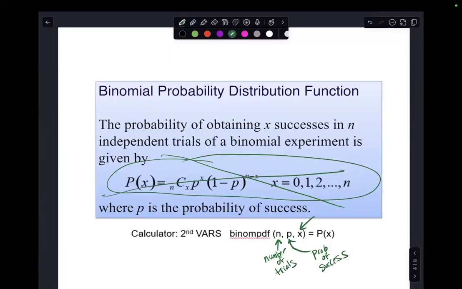And this is number of successes. So number of trials, probability of success, and number of successes. That's what we're going to be putting into our calculator. I'll show you how to get there. I'll show you 3 times, 4 times, however many times you need. But once we use binom PDF, we can look at the probability of getting an exact number of successes. I'm going to move on to the next page.